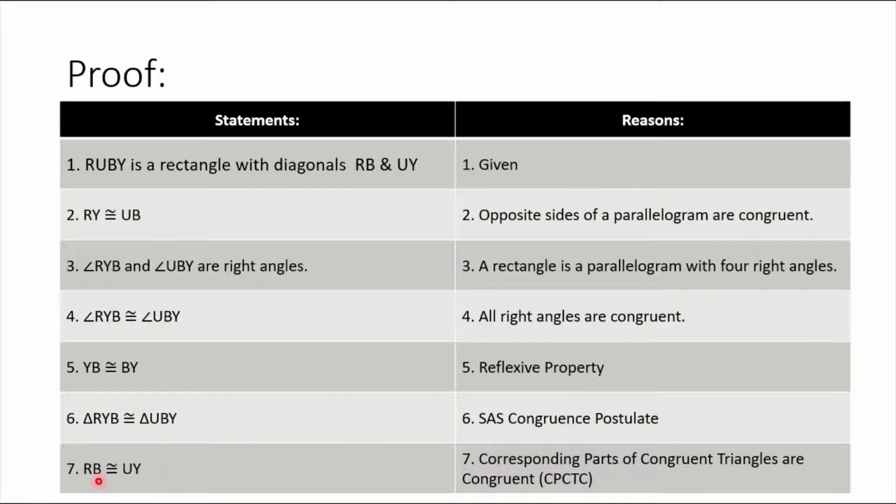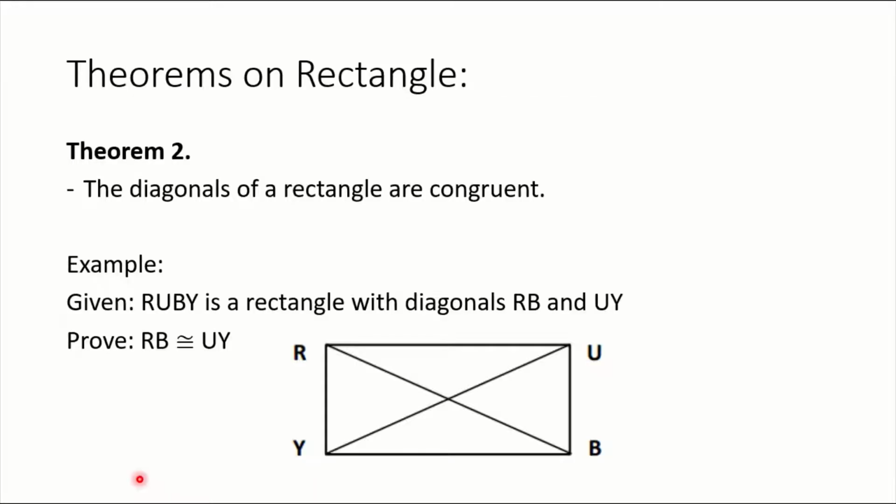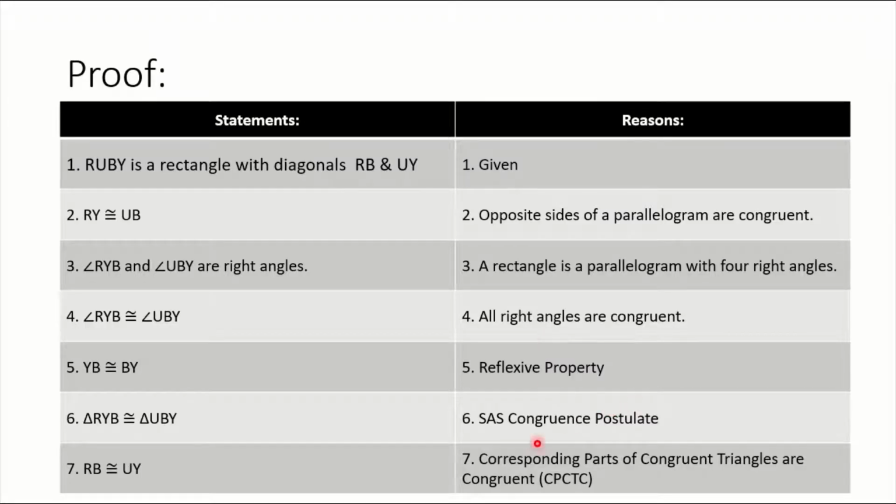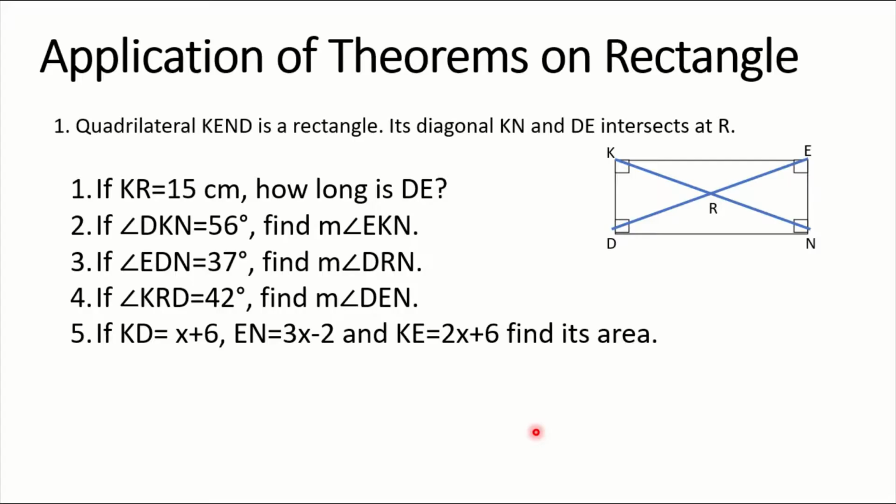So therefore, RB is congruent to UY, that the diagonals are congruent. What is the reason? Because corresponding parts of congruent triangles are congruent, or CPCTC. Corresponding parts of congruent triangles are congruent kasi nakabuo tayo ng congruent na triangle by SAS congruence postulate.